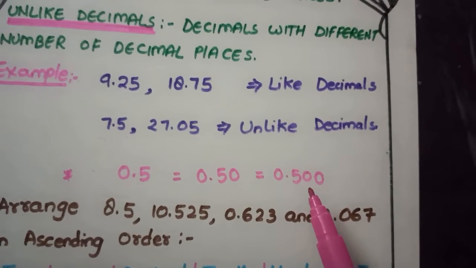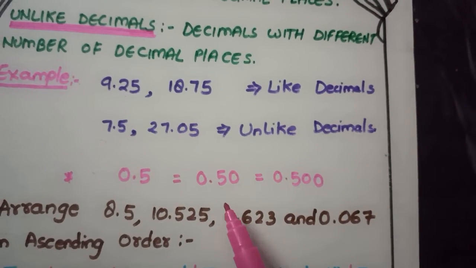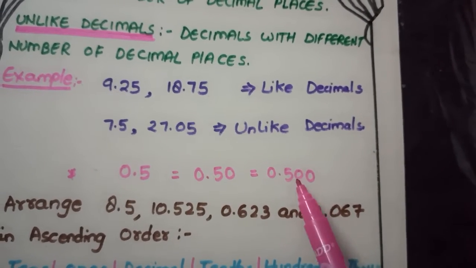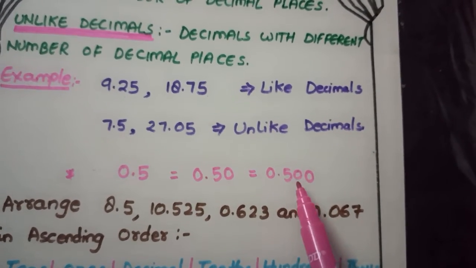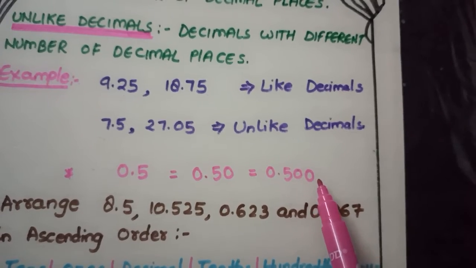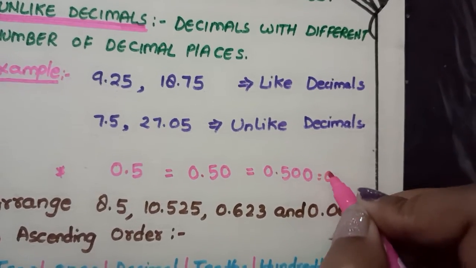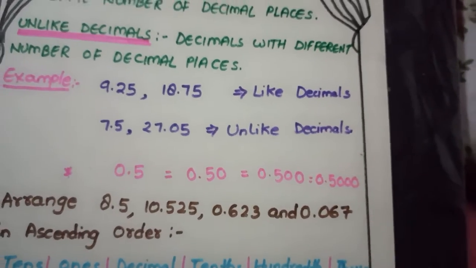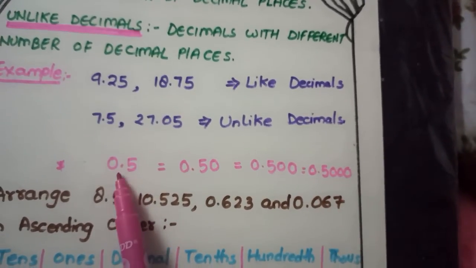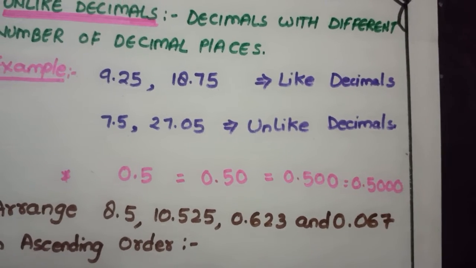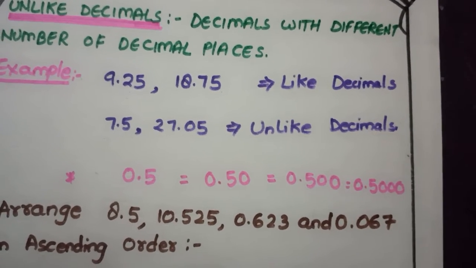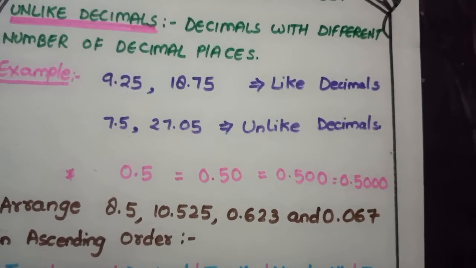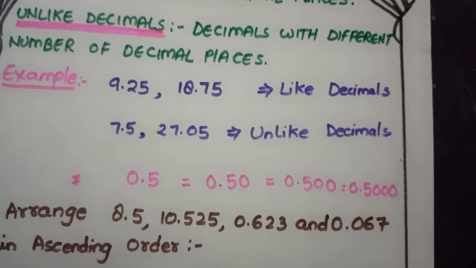It means the value of a decimal number does not change if zeros are added to the extreme right. Even if I write it like this, 0.5000, even then the value will remain the same. Is it clear? Please pay attention and please remember it. These few points are really important.